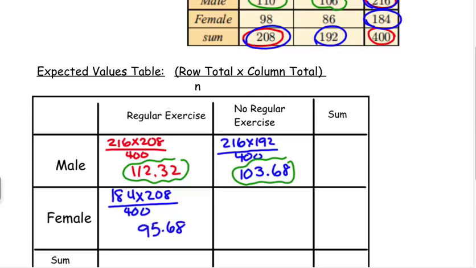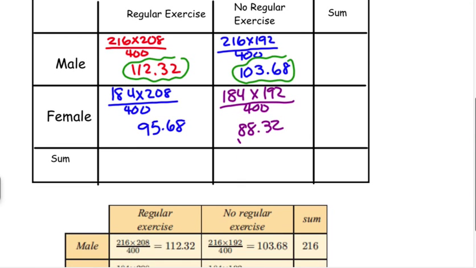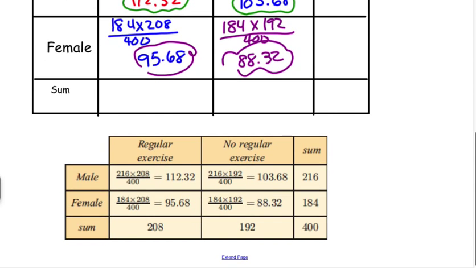And then the last one, row times column: 184 times 192 divided by 400, 88.32. All right. Let's go ahead and circle these 4 numbers. These are what we're going to use. If you like this writing better, you're welcome to write down those numbers.